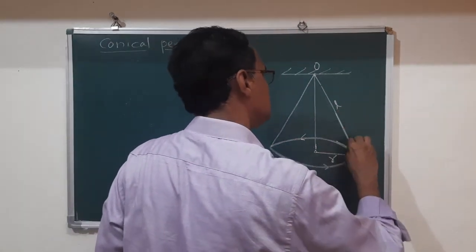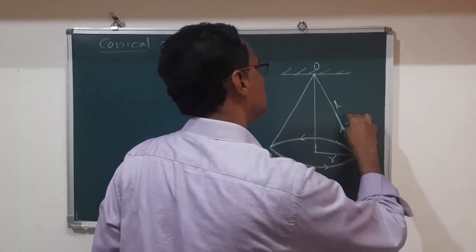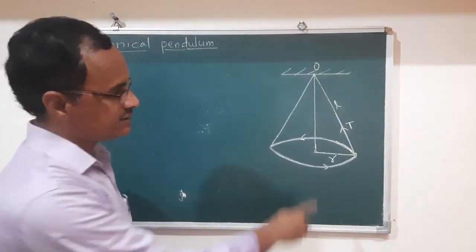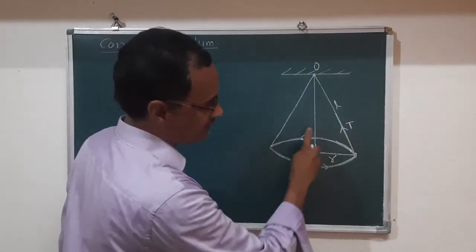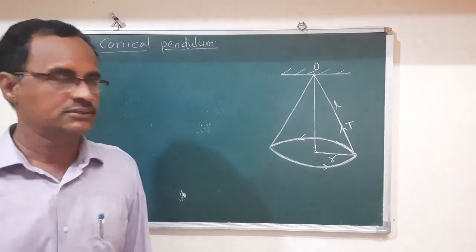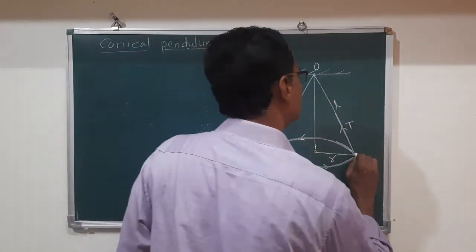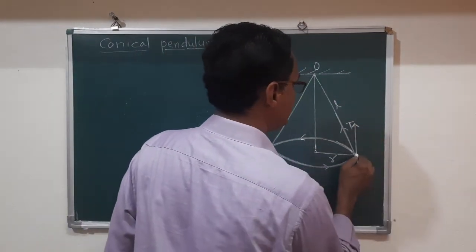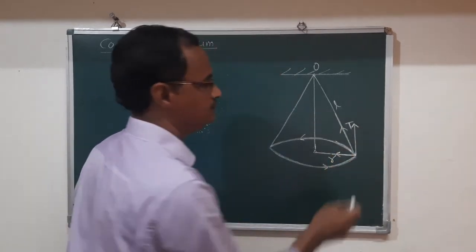When this pendulum comes to this position and performs horizontal circular motion, at that time this string has a tension, and this tension divides into two perpendicular components. One is the vertical component and the other is the horizontal component.